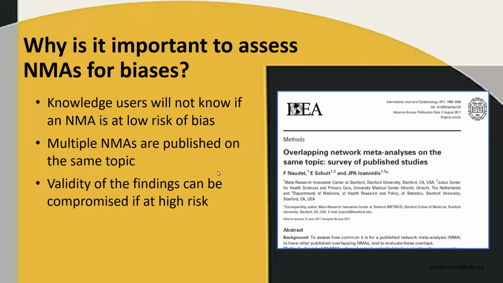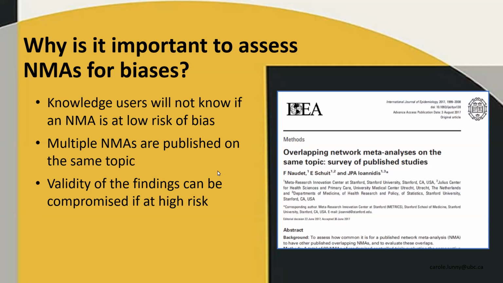So why is it important to assess NMAs for biases? Basically, without a risk of bias tool for network meta-analysis, knowledge users will not be able to tell whether a single NMA is at low risk of bias or high risk of bias for that matter. Multiple NMAs are published on the same topic, and choosing from conflicting NMAs is impossible without a risk of bias tool.